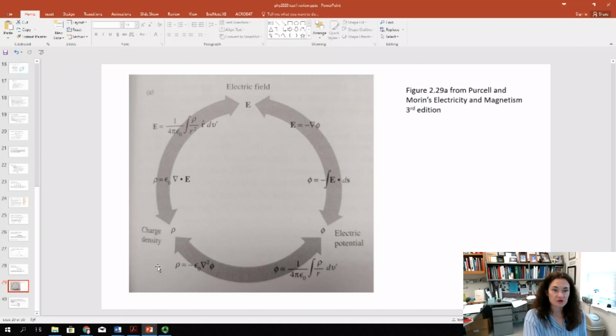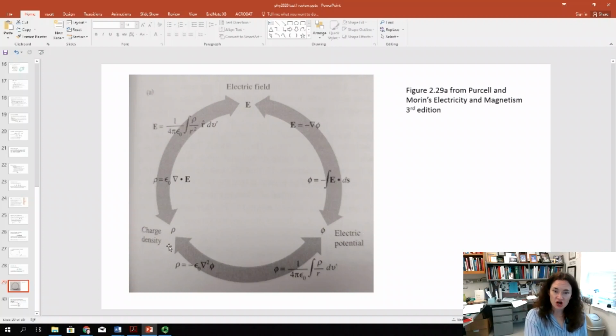So if, for example, you're going from the electric field to rho and back and forth, then you can use Gauss's law, rho over epsilon naught is equal to del dot E, or you can integrate over rho to find the electric field, okay? And then to get from the potential to the electric field, E is minus grad phi, or phi is the negative line integral of E dot ds.